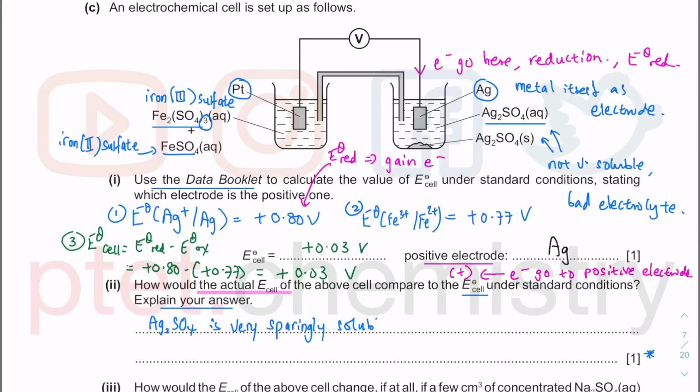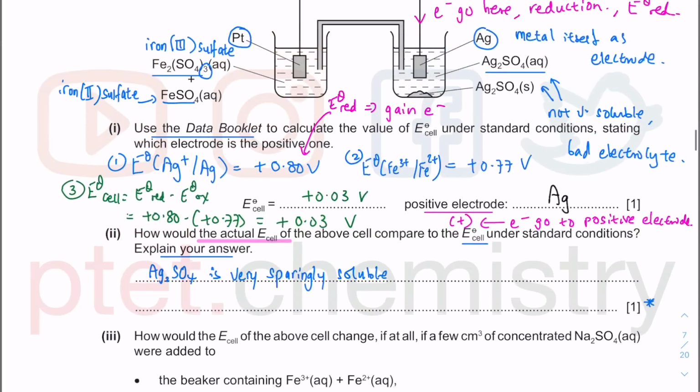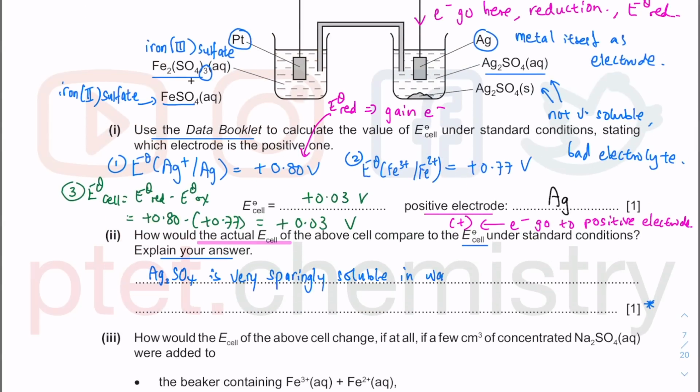So if it's very sparingly soluble, so not very soluble at all in water, its concentration, so Ag plus concentration, falls well below the standard 1.00 mole per dm cube concentration.